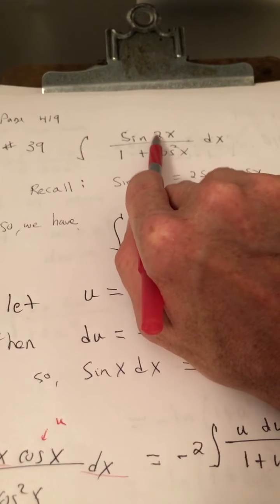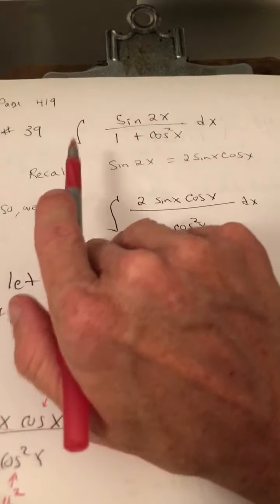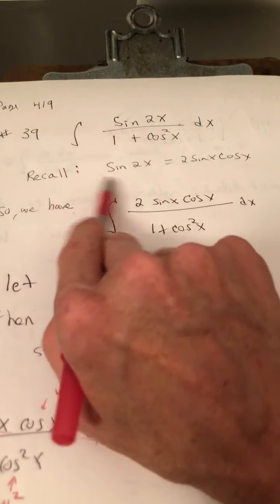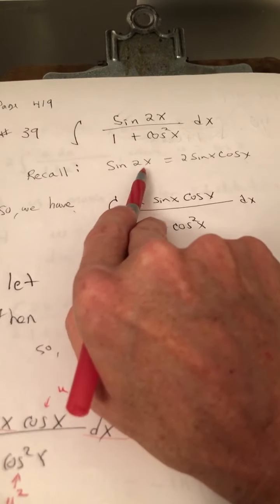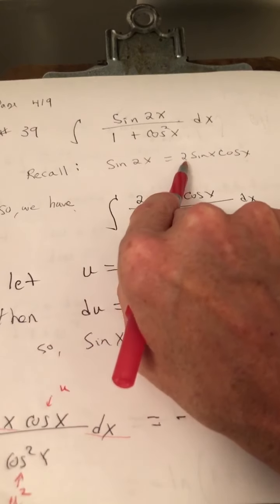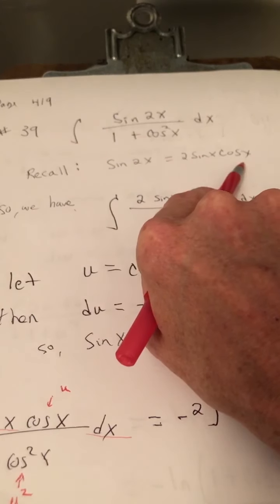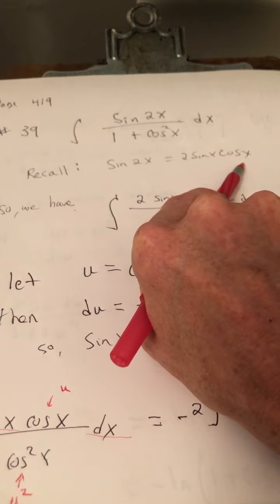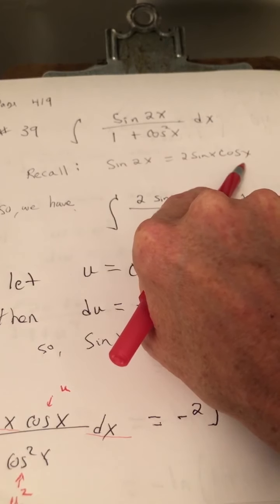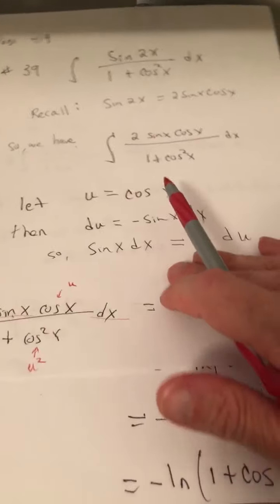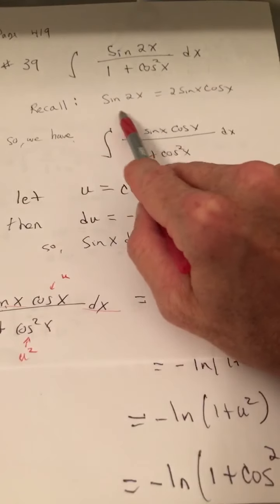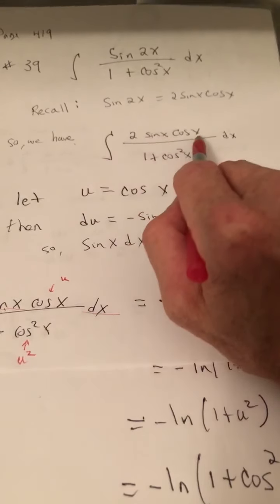That's not very convenient. So what we're going to do is recall one of our trig identities: sine of 2x is equal to 2 sine x cosine x. So replace sine 2x with 2 sine x cosine x.